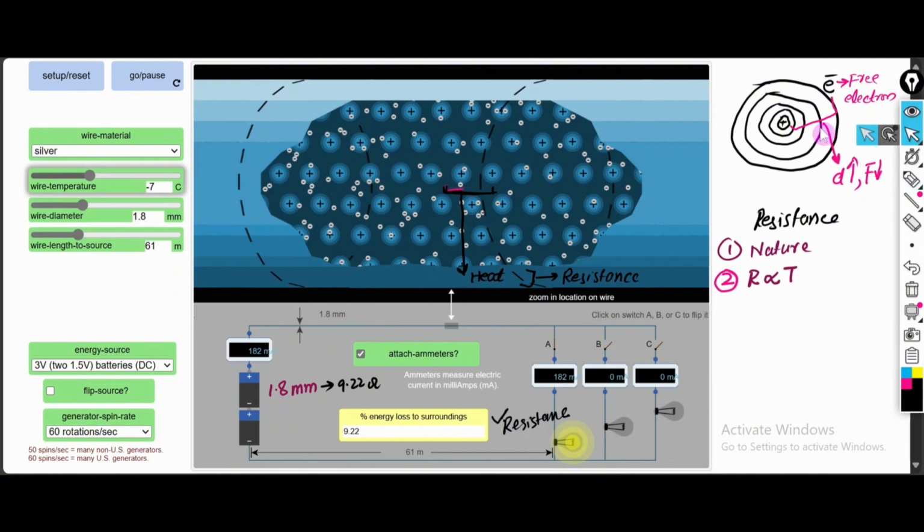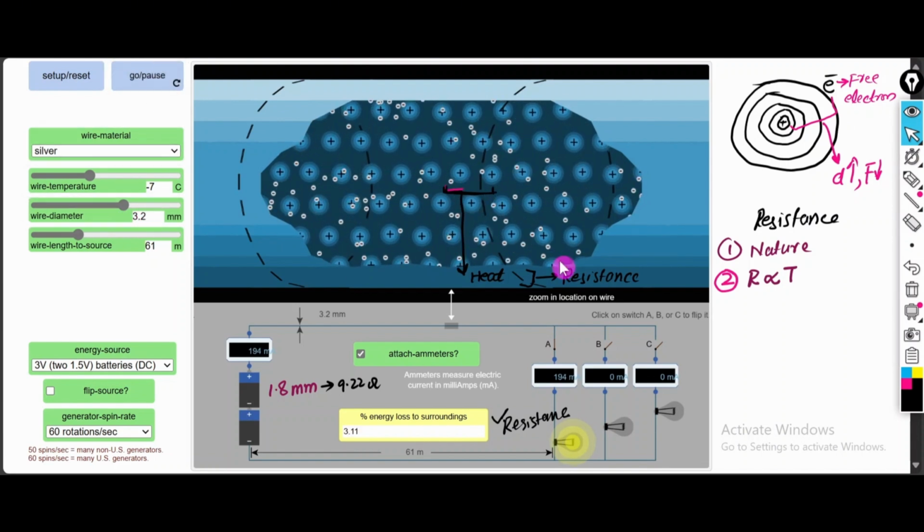Now if I increase this diameter from 1.8 to 3.2, and taking the data here, the diameter is now 3.2 mm.